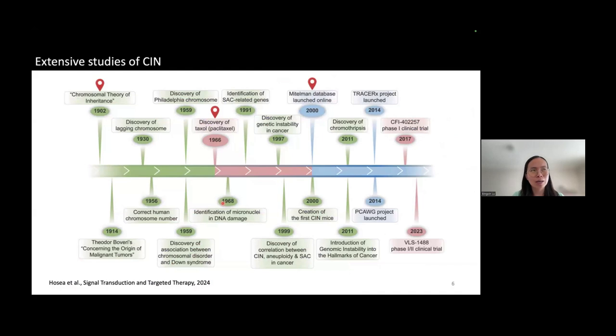Given the wide prevalence and importance of CIN, there have been lots of studies on CIN, starting as early as 1902. There are basic research studies, and also some clinical trials. And with genome sequencing data, there are also lots of data analysis projects.